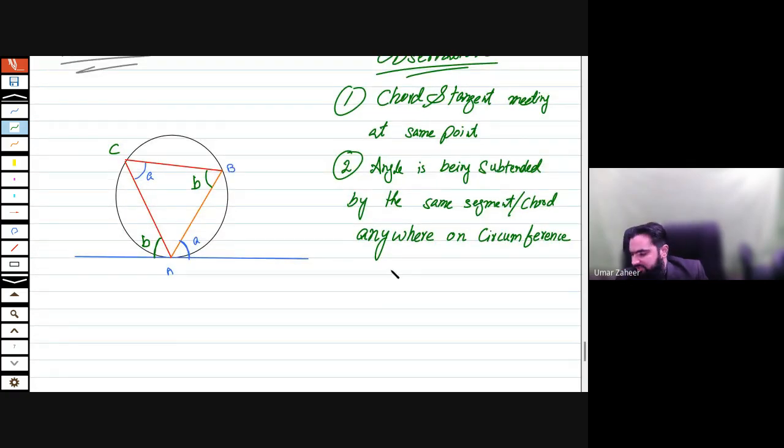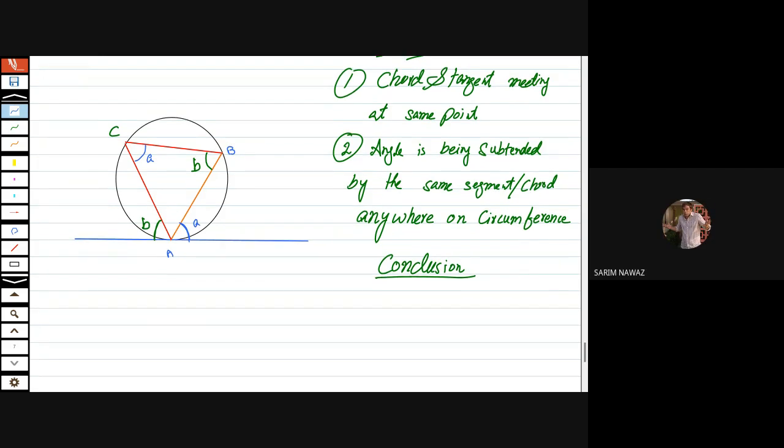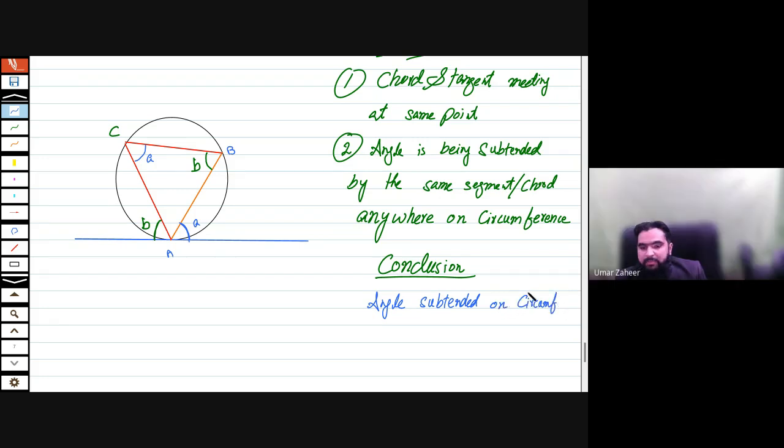Then the property is, the conclusion is, yes, what is the conclusion? Sir, the angle that is subtended by the same segment is equal to the one in the triangle, the angle between the tangent and the chord. Yes, you're right.